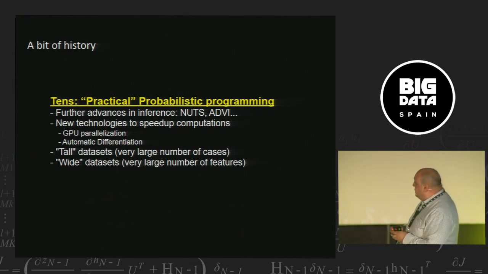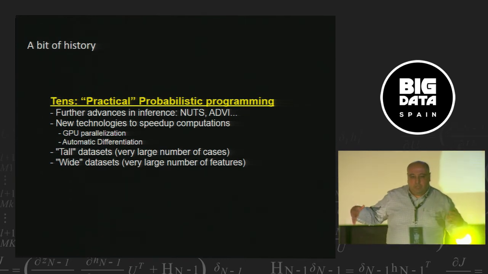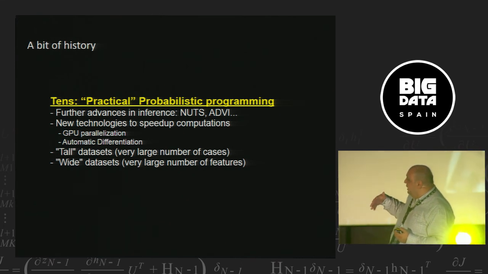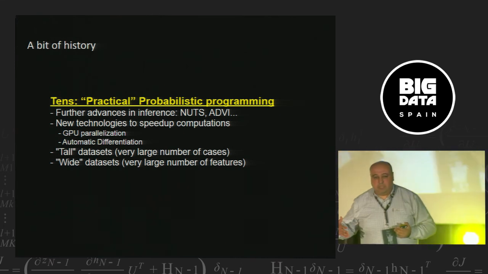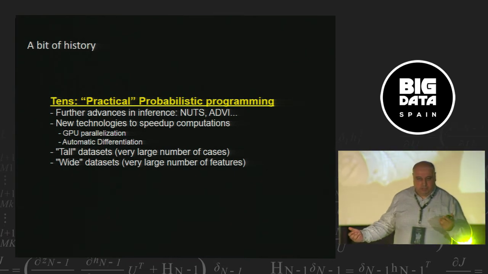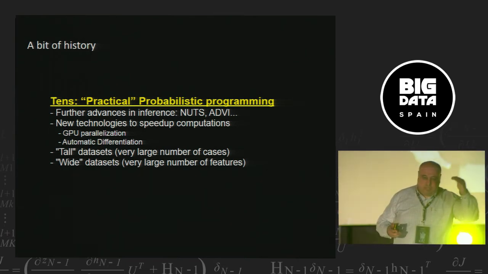And here, I think it's quite interesting to differentiate, when it comes to getting larger and larger models, between tall data sets and wide data sets. What I mean by that is, a tall data set is when you have a very large number of cases. So you have billions of data points of the same kind.